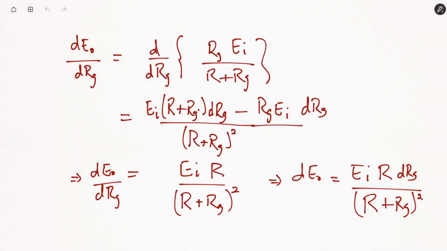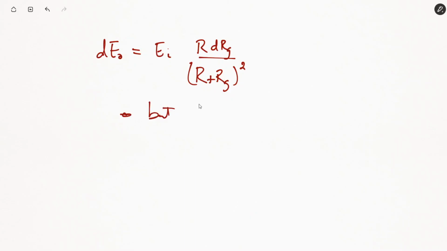dE naught is equal to EI R dRg divided by R plus Rg whole square. We know that E naught is equal to EI into Rg divided by R plus Rg. In other words, EI is equal to E naught into R plus Rg divided by Rg.